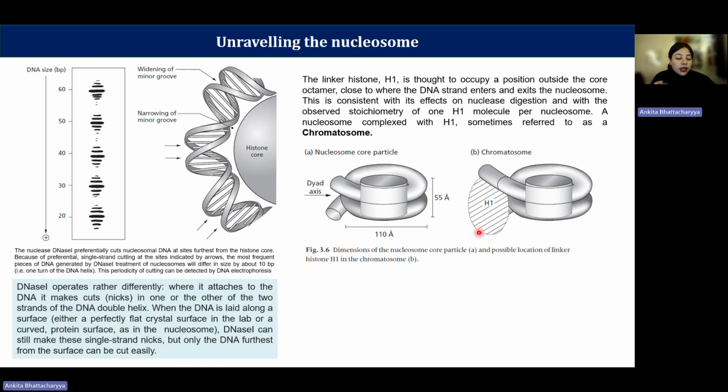Then you can resolve it on a gel, and you'll see that DNase 1 treatment differs in size by approximately 10 base pairs, suggesting that there's a periodicity in this digestion as well. The way it does this is that it can make single-stranded nicks, but only the DNA which is farthest from the surface can be easily cut under these circumstances.